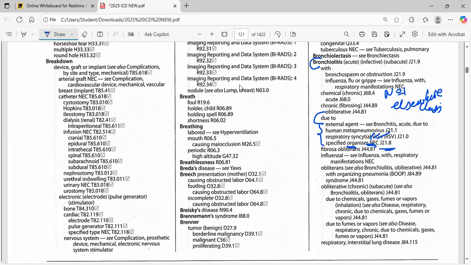And when we look this code up in the tabular, it will lead to other specified.